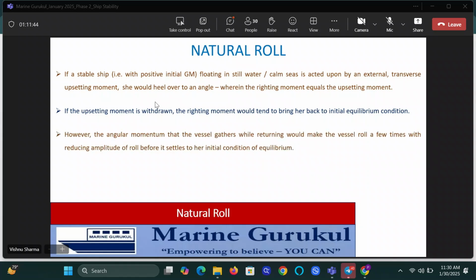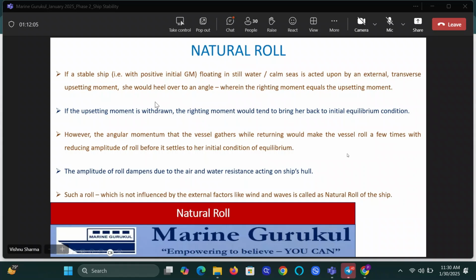However, the angular momentum that the ship gathers while returning would make the vessel roll a few times with reducing amplitude of roll before it again settles in her initial condition of equilibrium. The amplitude of the roll dampens due to air and water resistance acting on the ship.